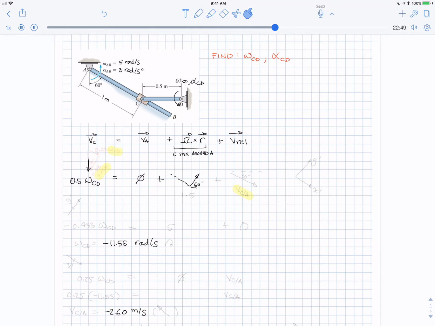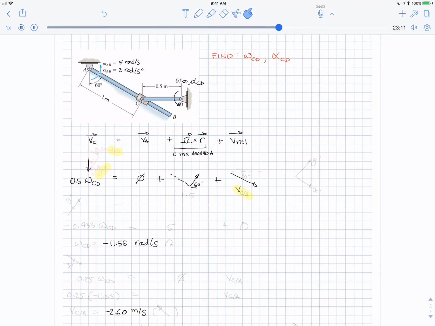And that value again is going to be R1 times omega 5. And then we have C relative to A sliding. I'm going to guess it's going downhill this time. We'll see if I guess right.